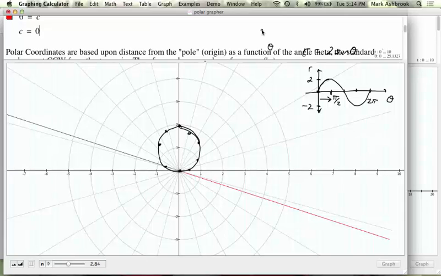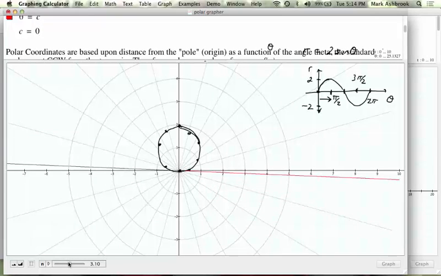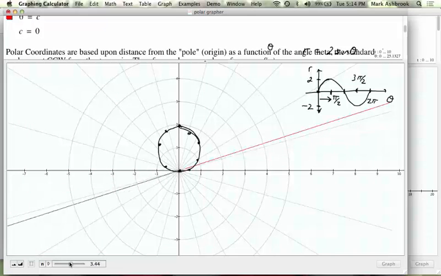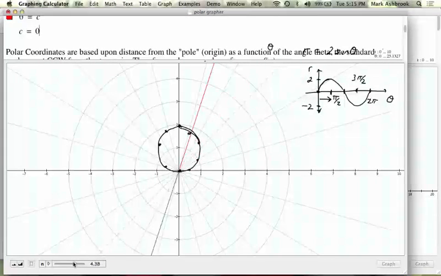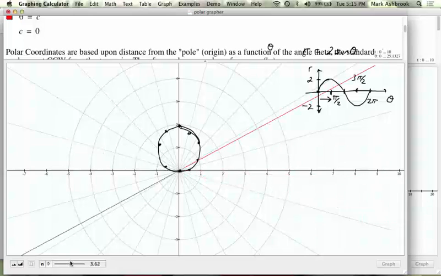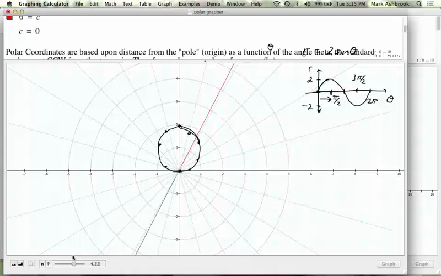Okay? And now what's going to happen as theta goes from pi to 3 pi over 2? What does r do? It goes from 0 to negative 2. So where would you be looking on the graph there? The black line is showing you the actual angle, from pi to 3 pi over 2, but r is going from 0 to negative 2.